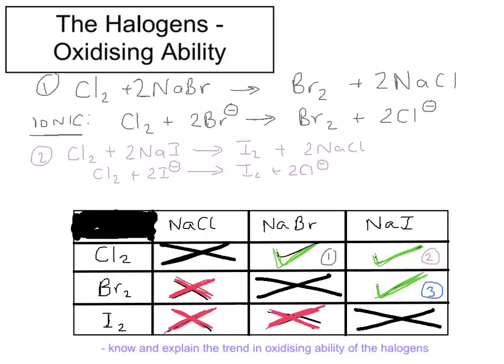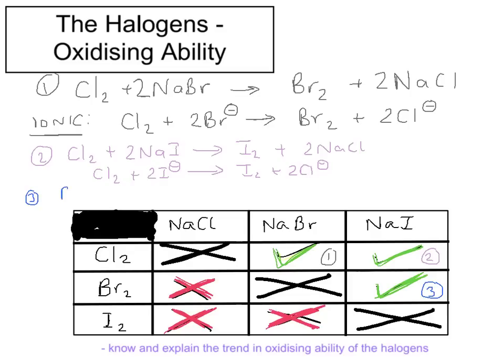What this ionic equation also shows you is that it doesn't matter what this other ion is. That could also be a potassium, it could be a lithium, it could be any group 1 metal or group 2 metal for that matter.